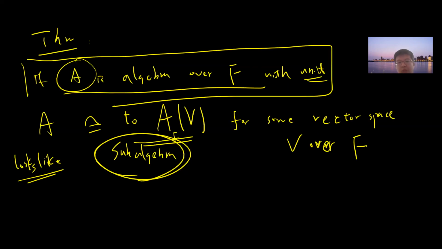That means Hom(V,V) contains a powerful representation which should capture all algebras.